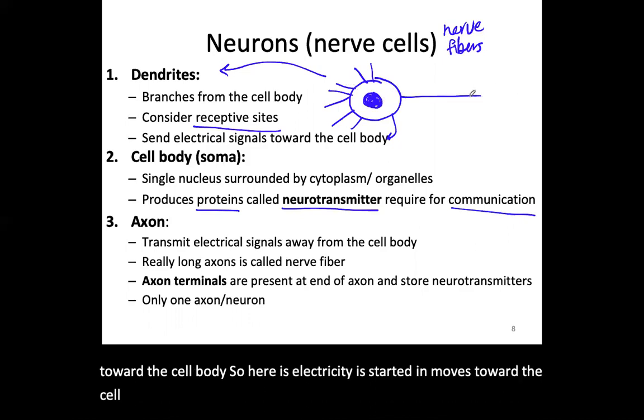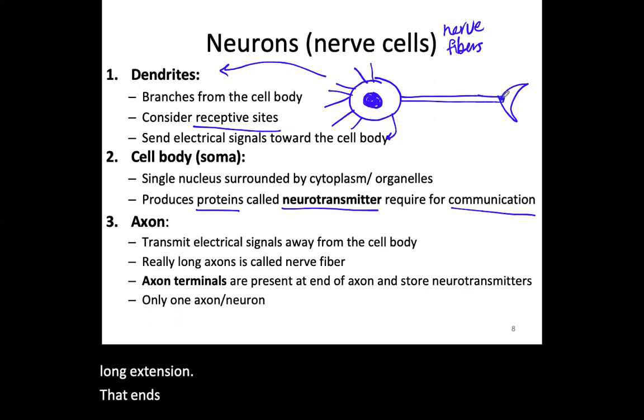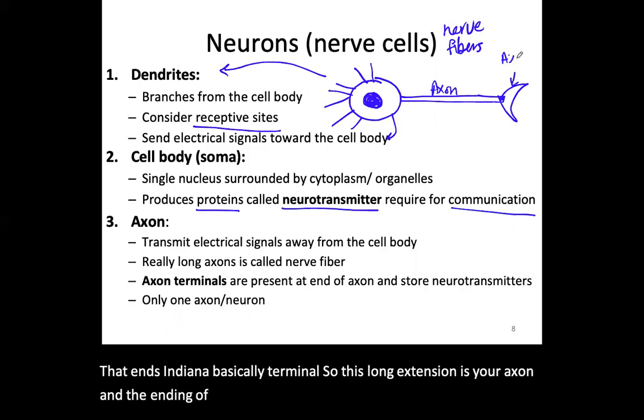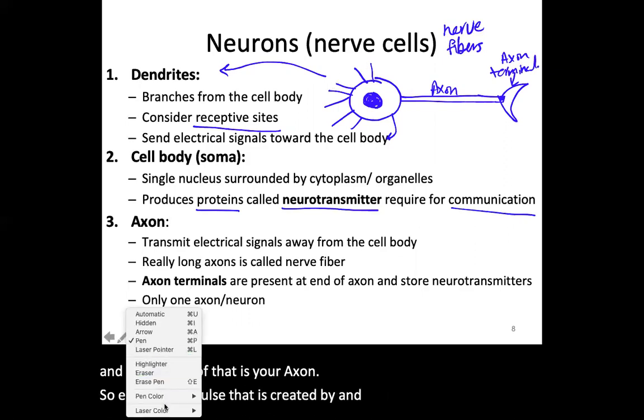And then at the end of your cell body, you have one single long extension that ends in a terminal. So this long extension is your axon, and the ending of that is your axon terminal. The electrical impulse that is created by a neuron only moves in one direction.